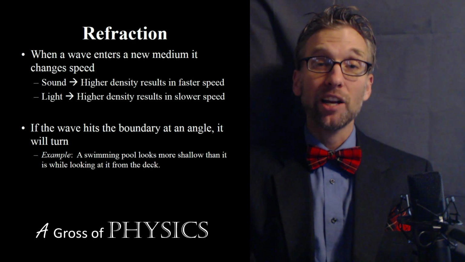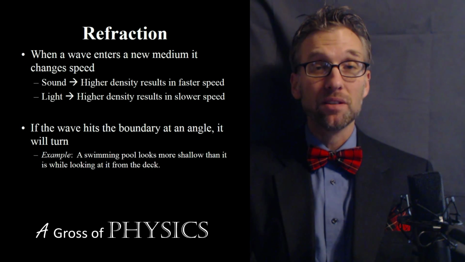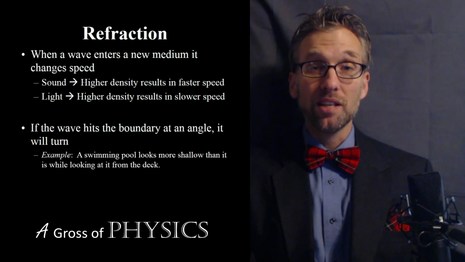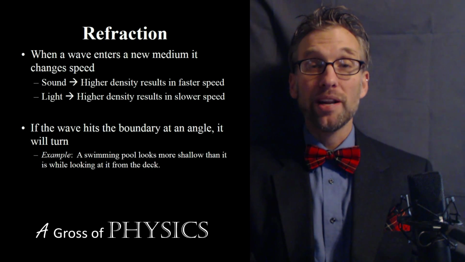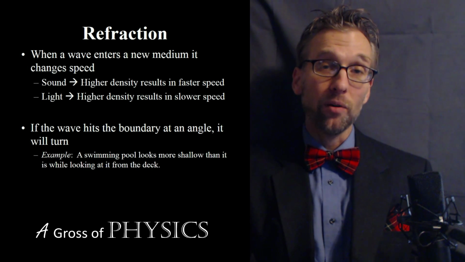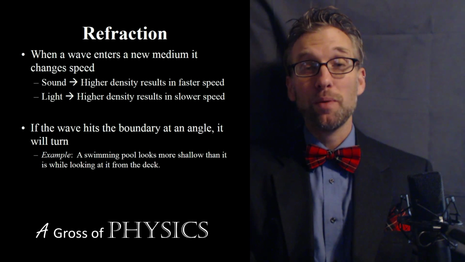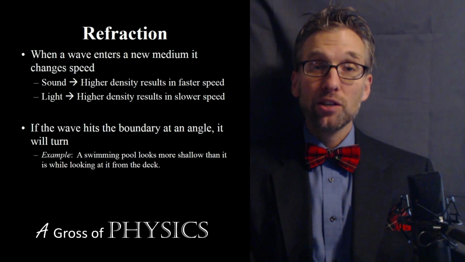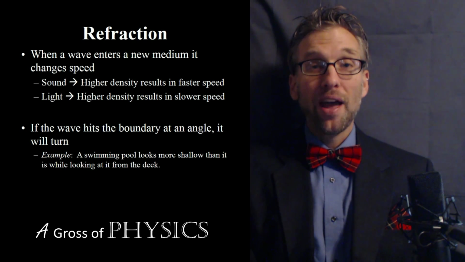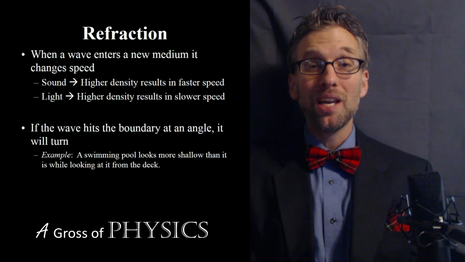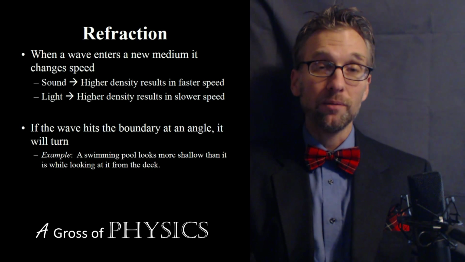And remember, electromagnetic waves are also known as light waves. So when sound hits a more dense material, it speeds up, and when light hits a more dense material, it will actually slow down. The key is that the refraction is the change in speed. Whether or not it goes faster or slower doesn't affect the fact that it's refracted. Refracted just means a change in speed as a wave hits a new material.